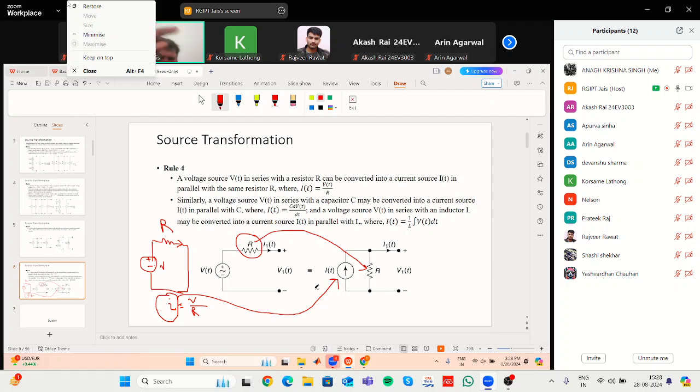If V amount of voltage was applied to this resistance R, how much current would have flowed? That is, I is equal to V by R, and you write the same amount of current source here. And the resistance, definitely you cannot connect in series with this current source. From rule 3, you can conclude that the resistance will be connected in parallel to the current source.